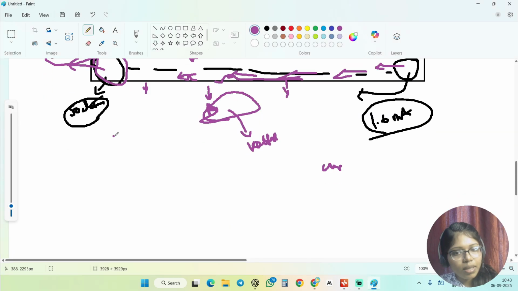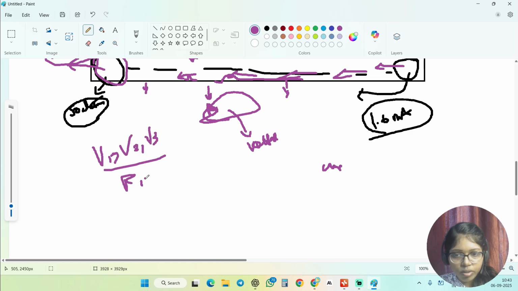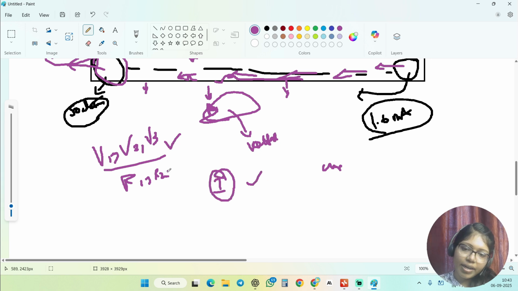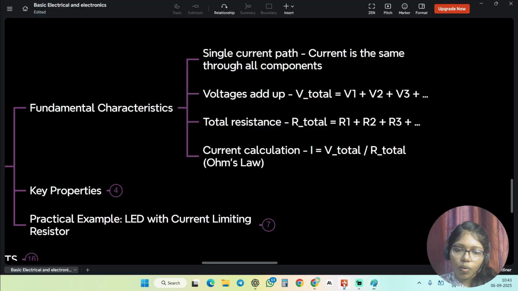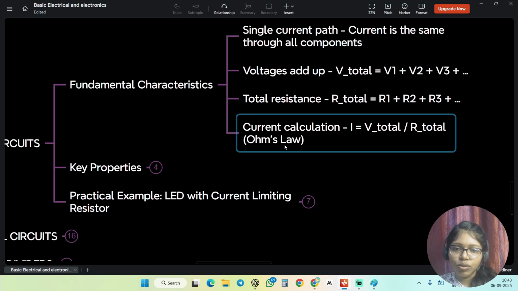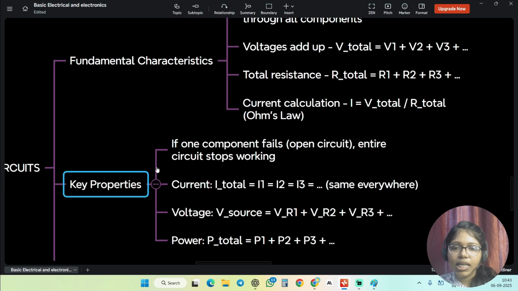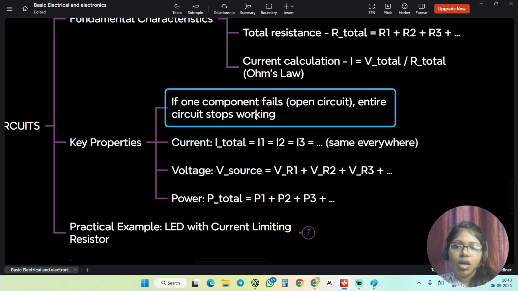Whatever parameter changes, we take it as V1, V2, V3, because voltage is changing and resistance is also changing, but the current still remains the same. We can easily find the voltage and resistor and apply them into Ohm's law. What are the key properties of this?